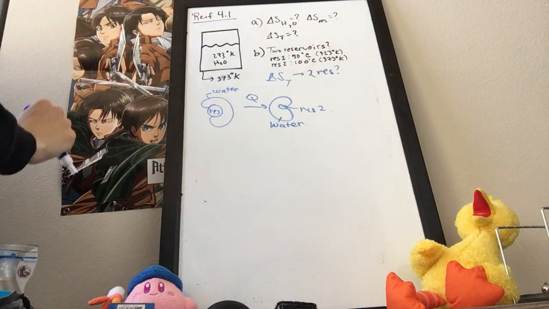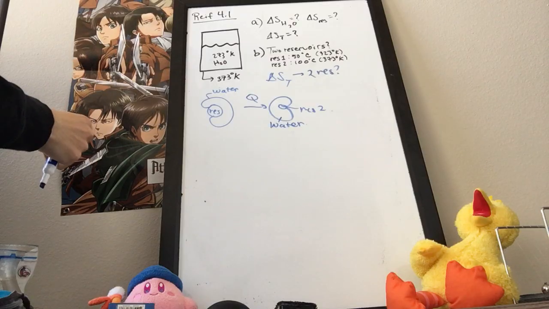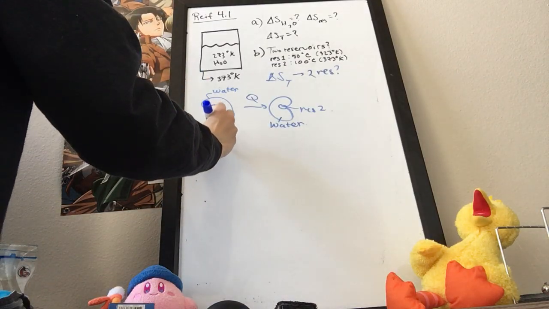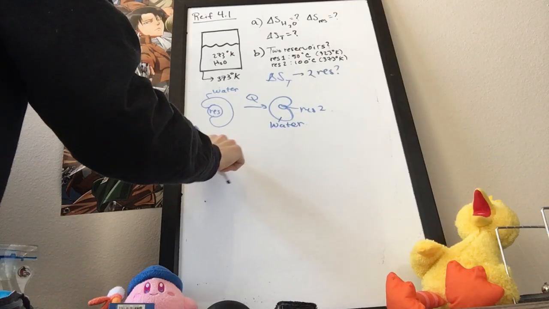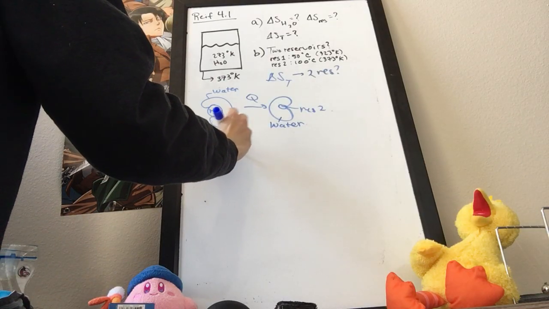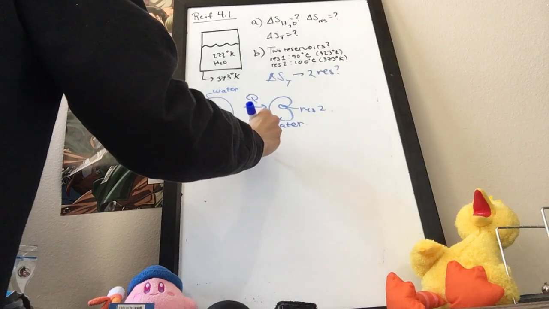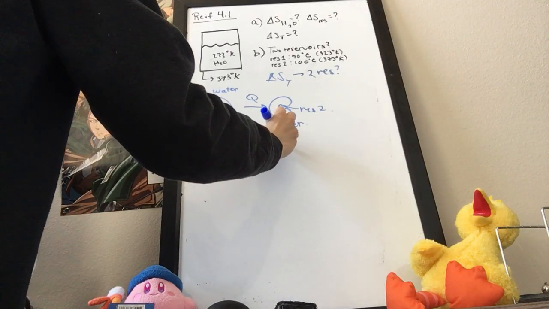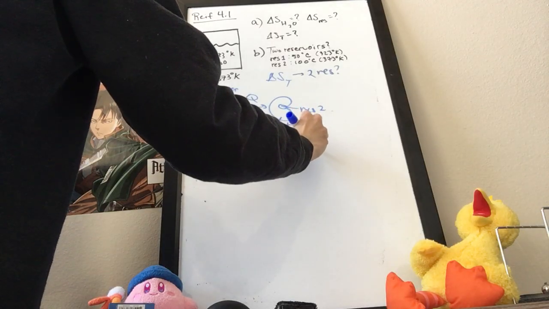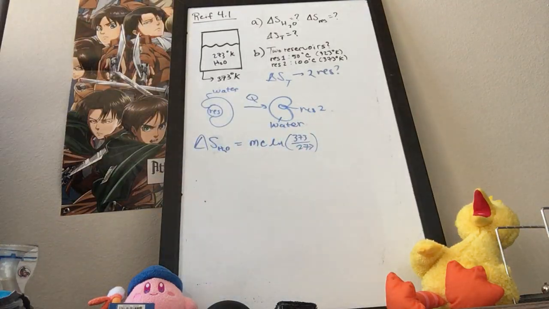Our change in entropy of our water is going to be the result that we got last time, right? Delta S H2O is still going to be MC natural log 373 over 273. Because entropy, whenever you're doing the integration, I believe the term is path independent.